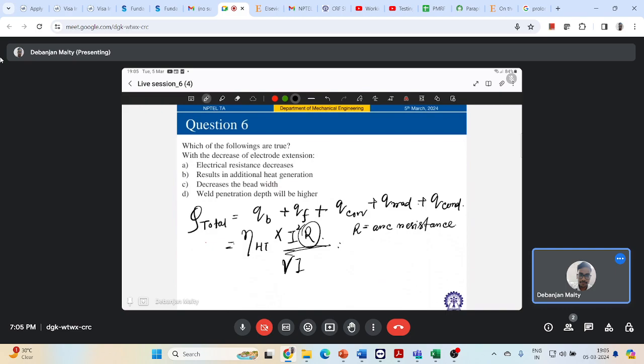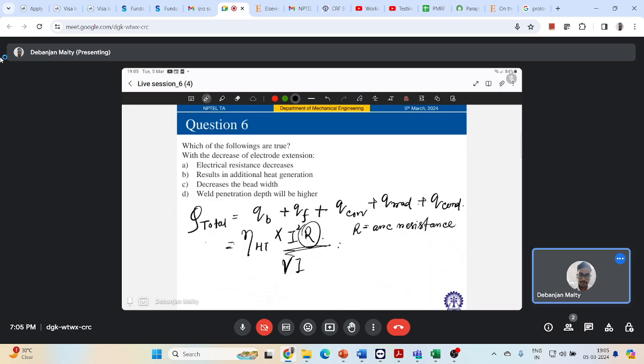So my current will be the most affecting variable, which will affect my melt rate, which will affect my deposition rate, which will affect my weld bead width, which will affect my depth of penetration. So everything is connected to this welding current, right?